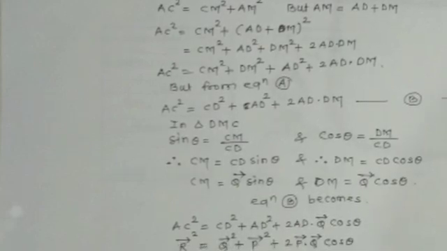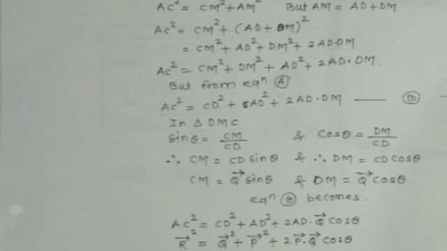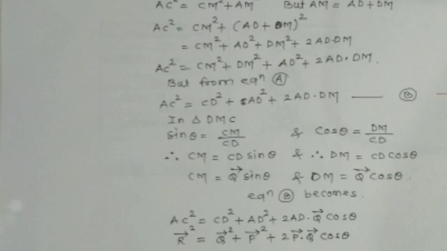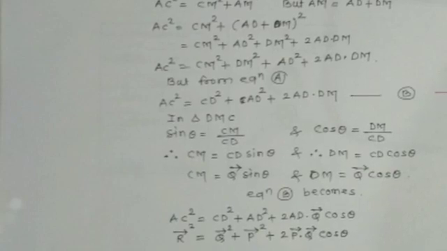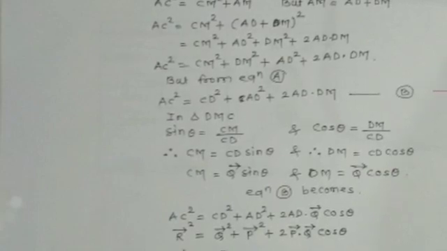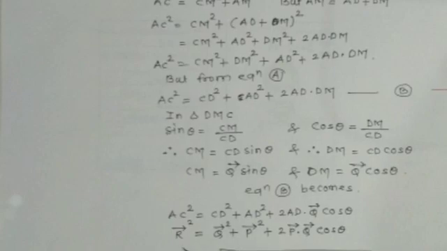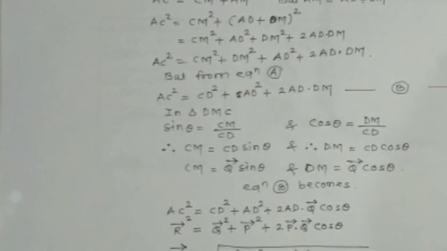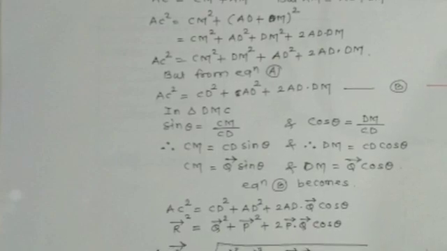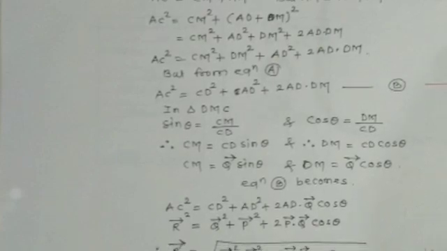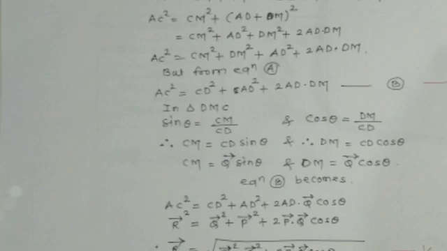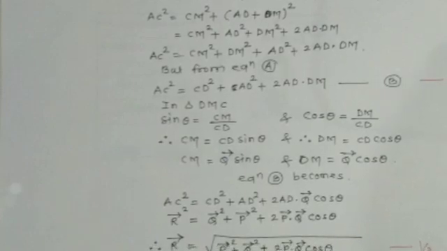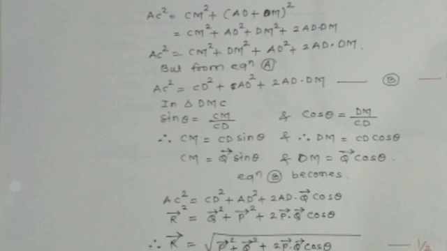Here we can see the two values in triangle DMC. If theta is the angle, sin theta equal to CM upon CD, so CM is equal to CD sin theta, and cos theta equal to DM upon CD, so DM equal to CD cos theta. Therefore CM equal to vector Q sin theta and DM equal to vector Q cos theta.